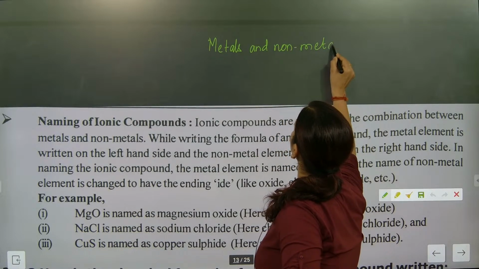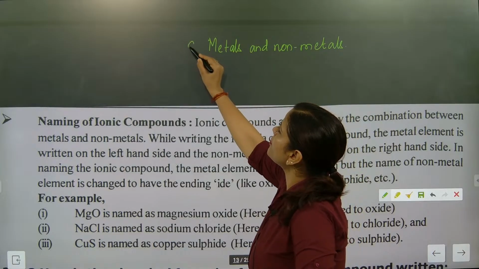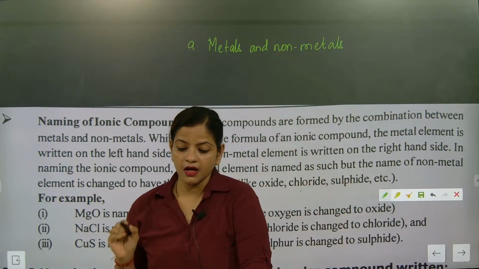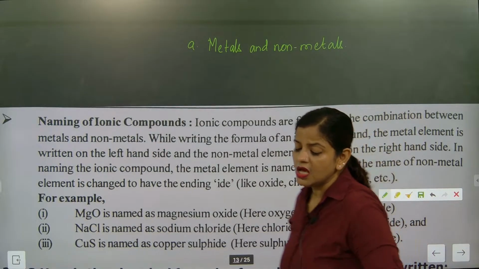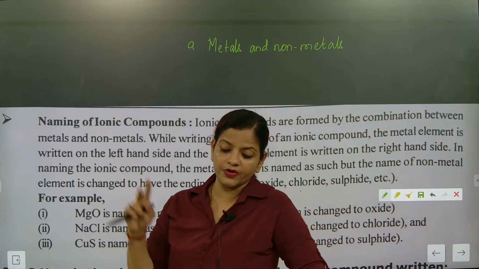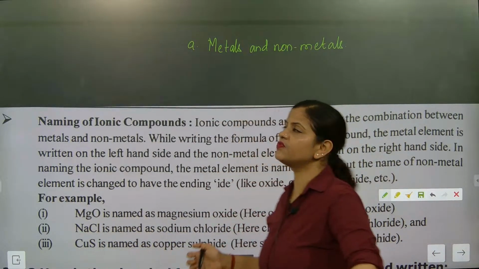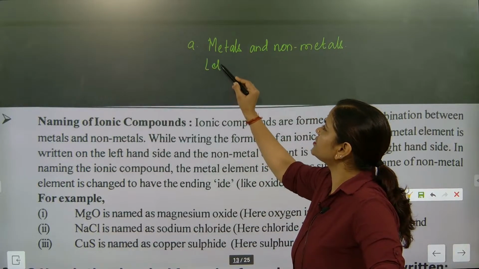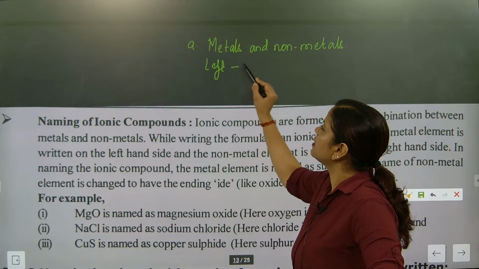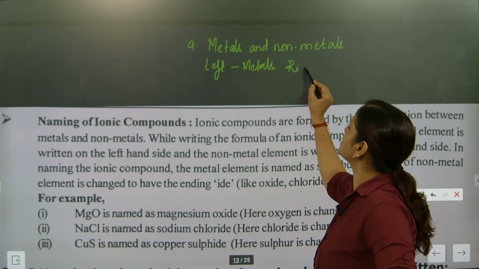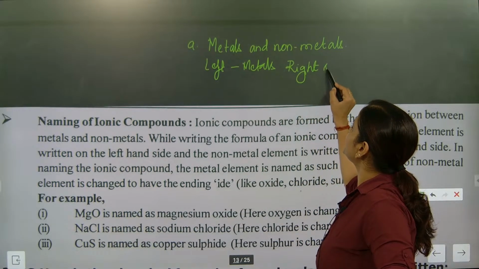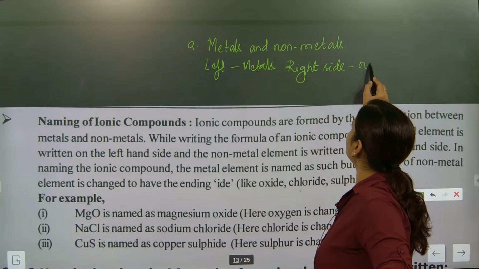The second important point we have learned is that when ionic compounds are formed between metals and non-metals, the metals will be on the left side and the non-metals will be on the right side.